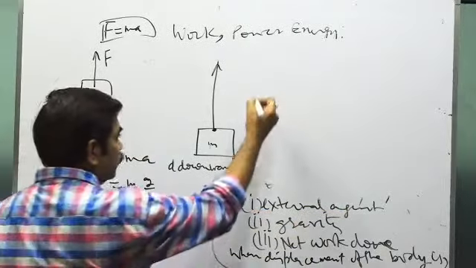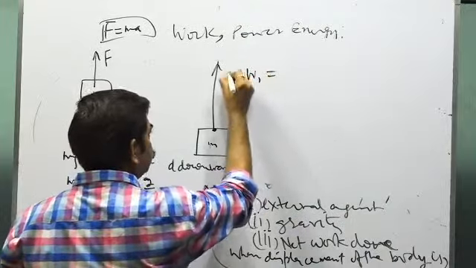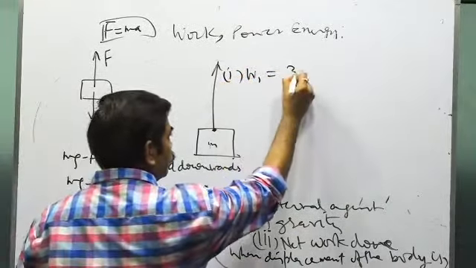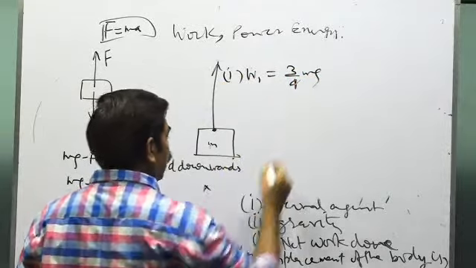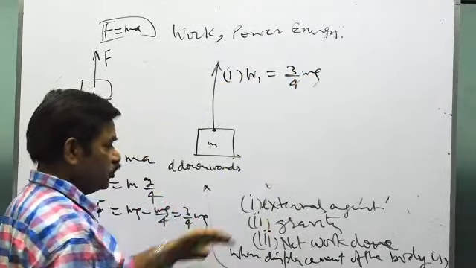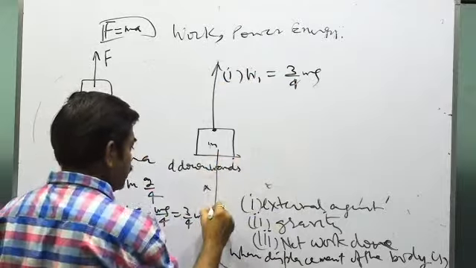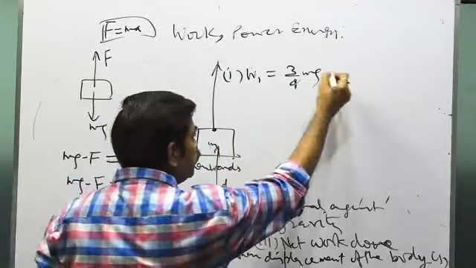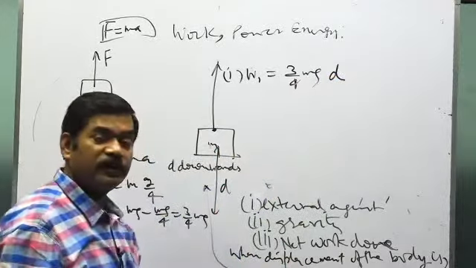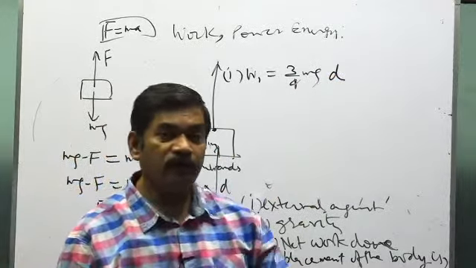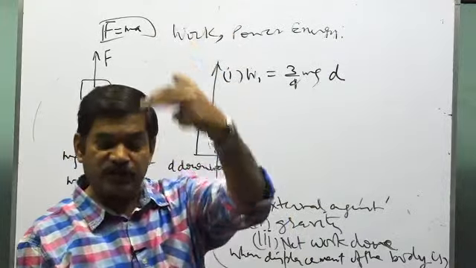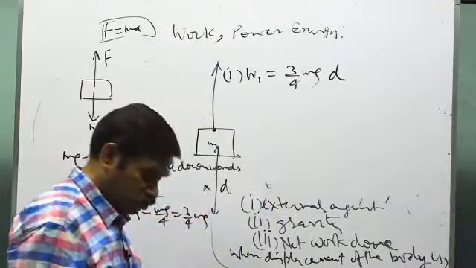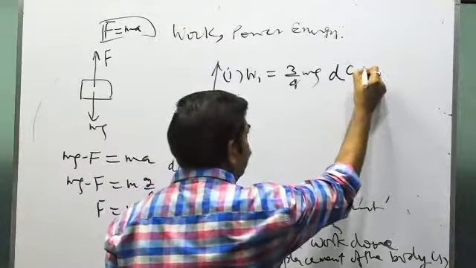So now the answer of the first part, W1. How much is the force? 3 by 4 mg. How much is the displacement? That was given in the question. Displacement is d downwards. So force into displacement. What is the angle between the force and displacement? Force is upwards, displacement is downwards, so the angle between them is 180.